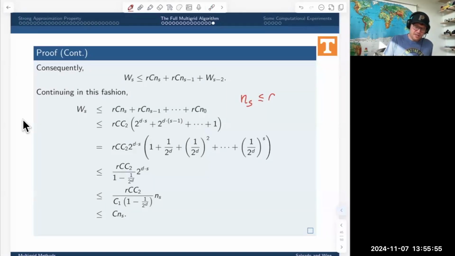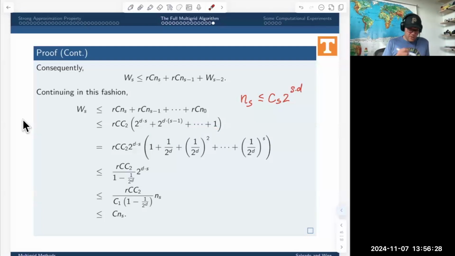NS is less than CS times 2 to the... no, let's see, this is going to be S times D. So we replace each one of these with terms which look like that. The thing that's changing at each level is that this is becoming smaller and smaller; that level number becomes smaller all the way to 0. So we have something which looks like that.